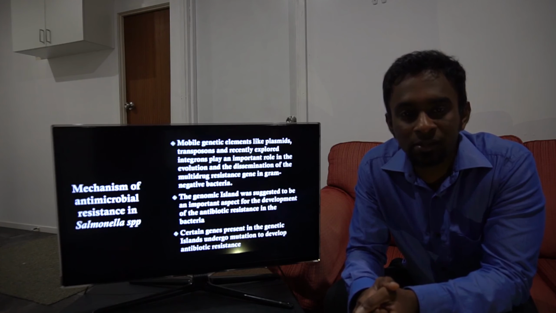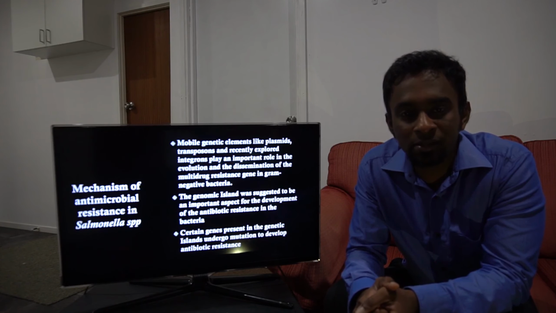The resistance to aminoglycoside occurs by the enzymatic modification of the 16S rRNA subunit that prevents the aminoglycosides from binding to the ribosomal target.